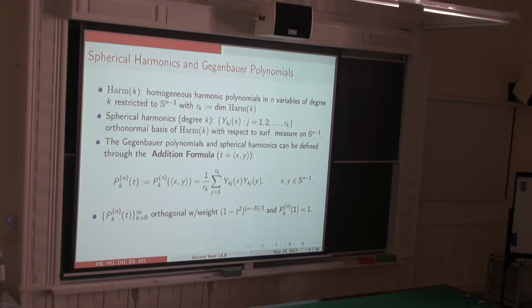Okay, so the big connection, like I said, is the addition formula: when we sum up the kernel, which is the basis computed at x times the basis computed at y, summed over all possible j from 1 to r_k, this really is the Gegenbauer polynomial of kth degree of the inner product.